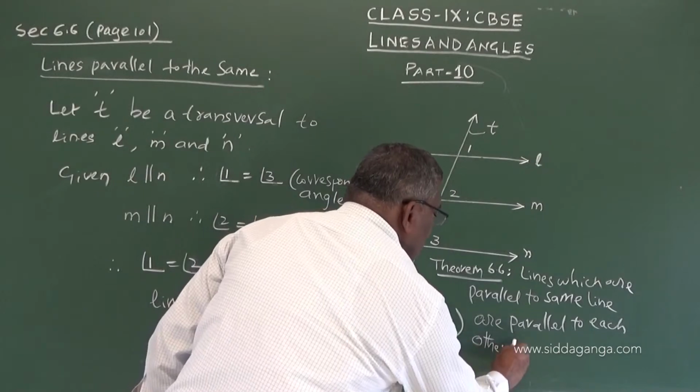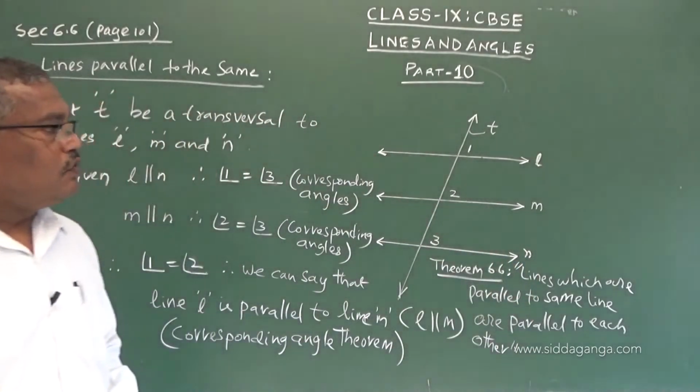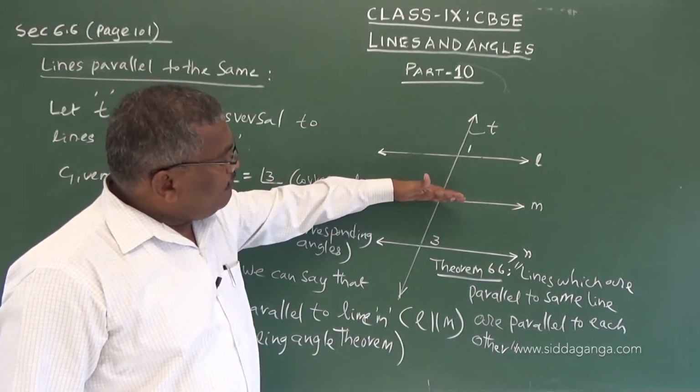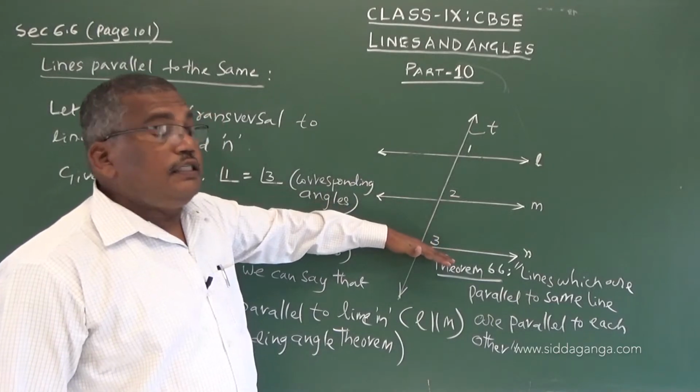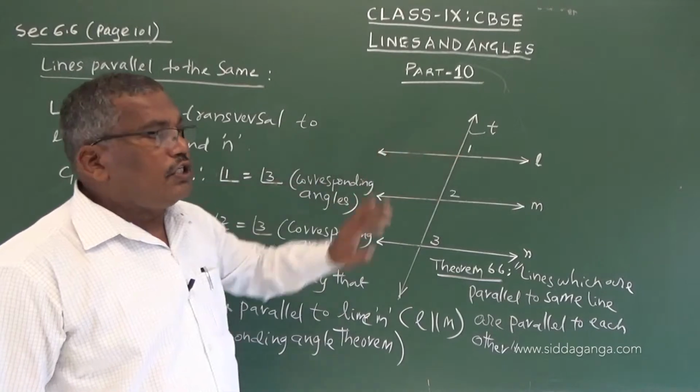So this you have proved and understood now. So if L is parallel to N and M is parallel to N, then it is understood that L and M are parallel to each other.